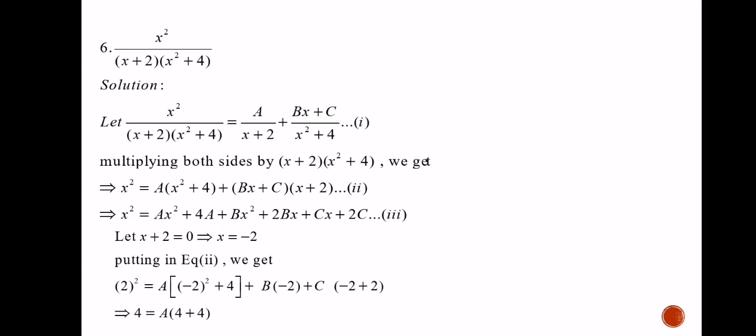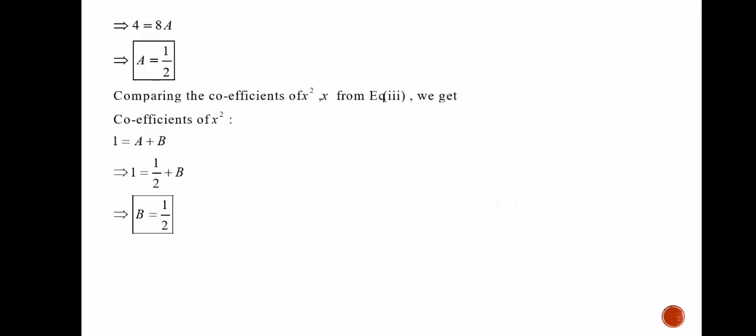Now since we have a linear polynomial in the denominator, it is a linear factor, so we put x plus 2 equal to 0, since we can apply the zeros method over it. After that, we get the value of x to be minus 2. So putting x equal to minus 2 in equation number 2, we get A equal to 1 by 2.